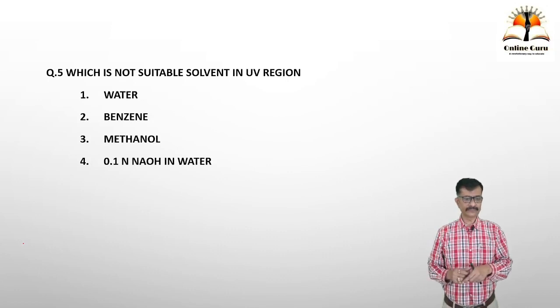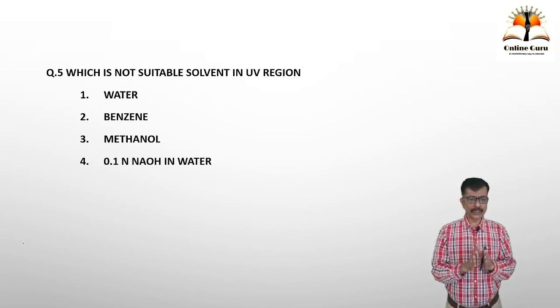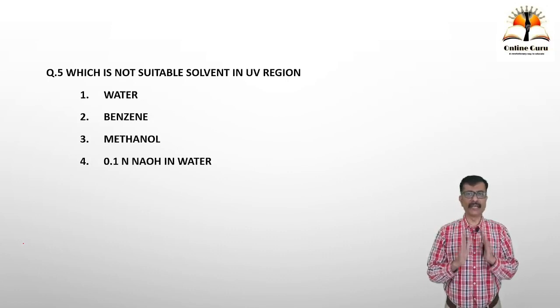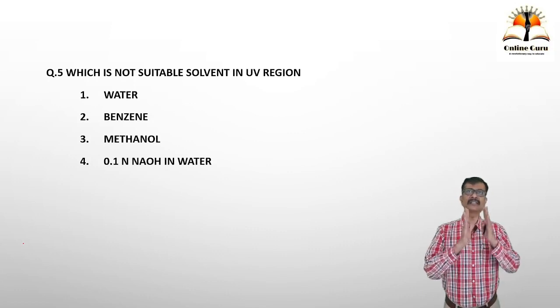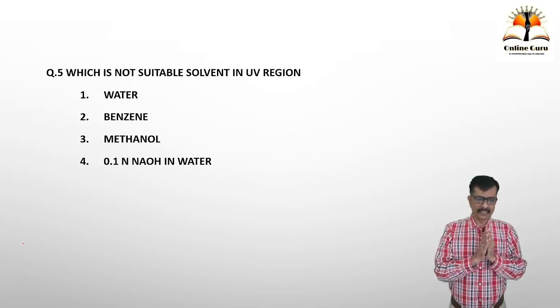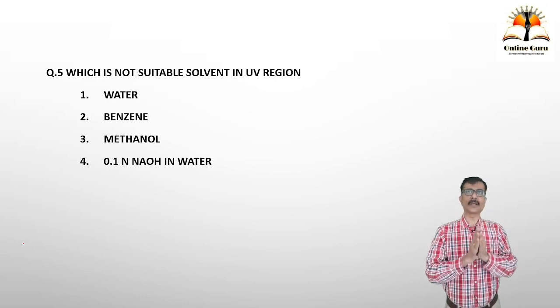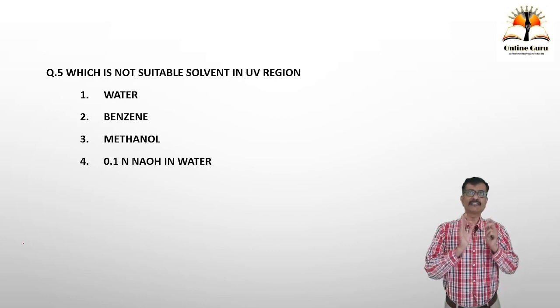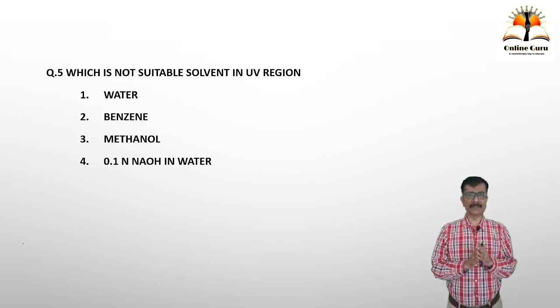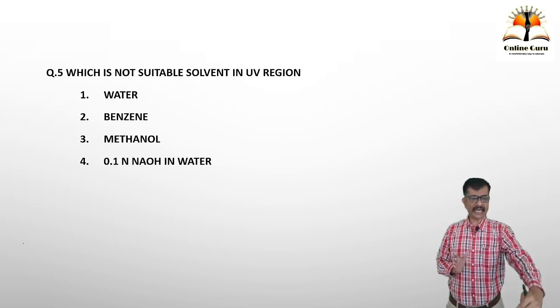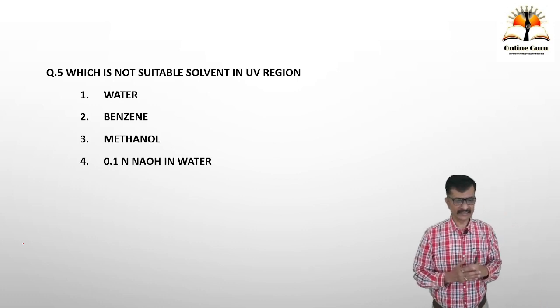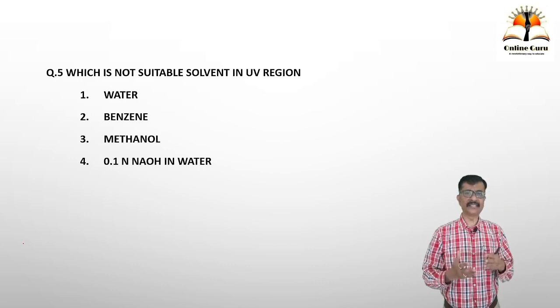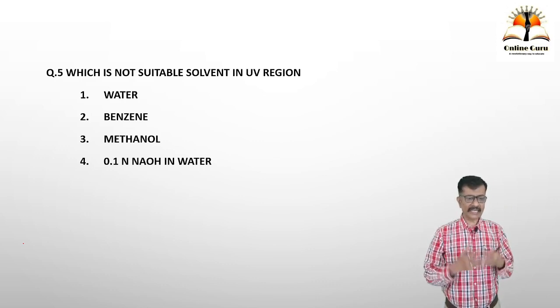Now the next one: which is not a suitable solvent in the UV region. What is the requirement of a solvent in any kind of absorption spectroscopy? The solvent should be transparent to that particular radiation. This is the basic requirement of solvent selection. The choices given are water, benzene, methanol and 0.1 normal NaOH in water.